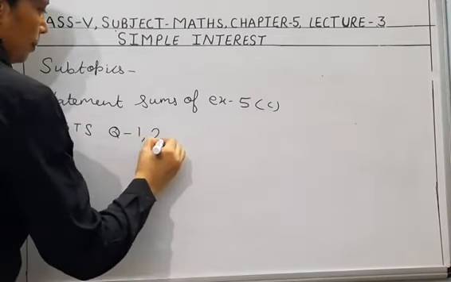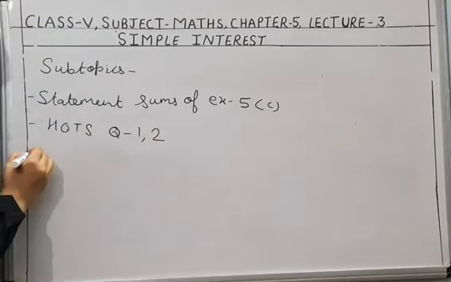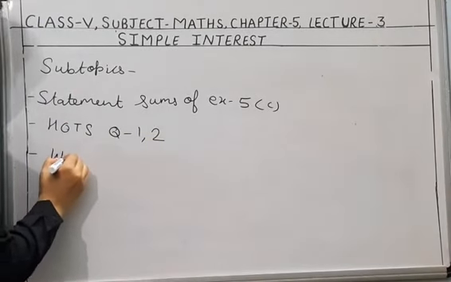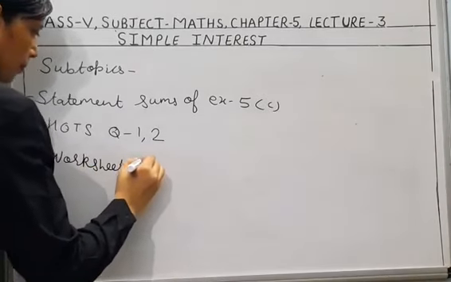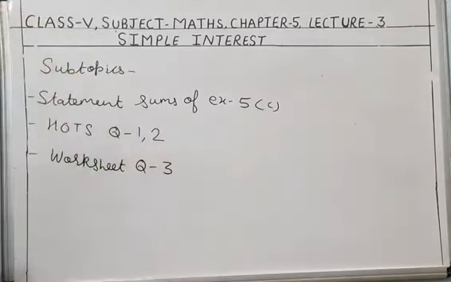Questions 1 and 2. Along with this we will do worksheet questions. These are based on calculating the principal, period of time and rate of interest which we have done in the previous lecture.